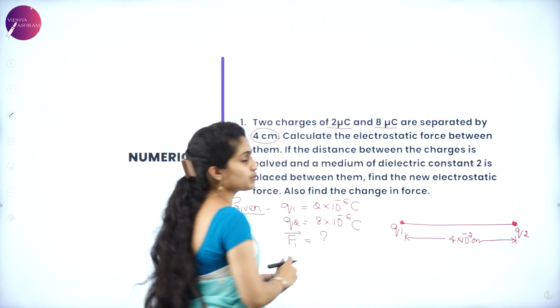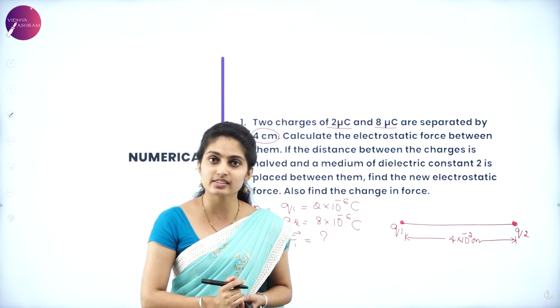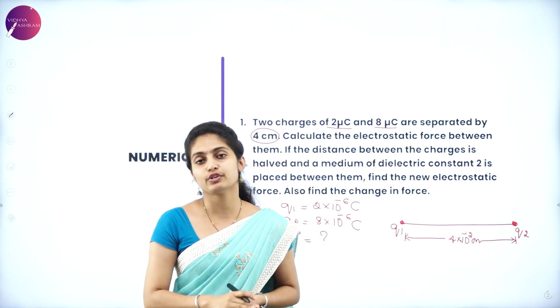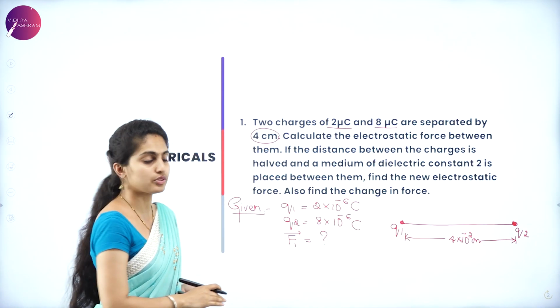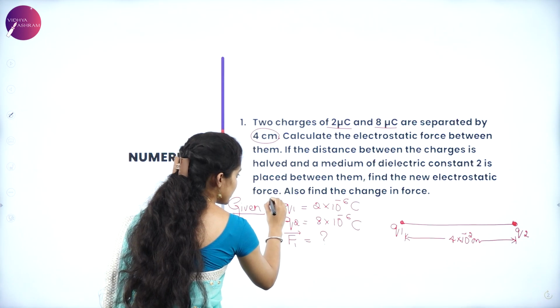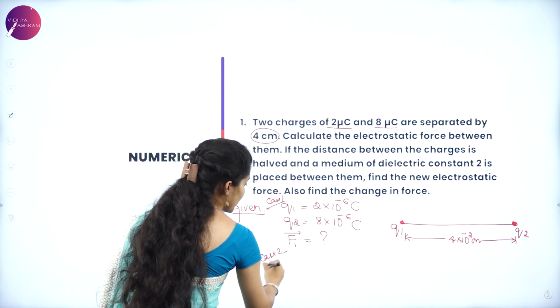If the distance between the charges is halved, what is the distance between the charges? It is 4 centimeters. Half of 4 centimeters is nothing but 2 centimeters. So this will be case 1, and in case 2, what are you supposed to do?